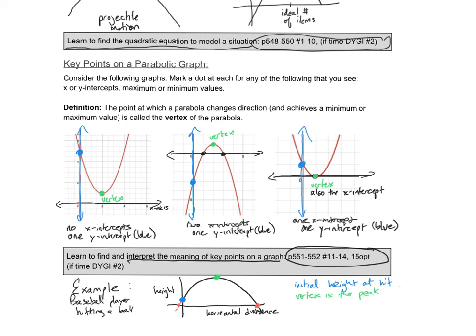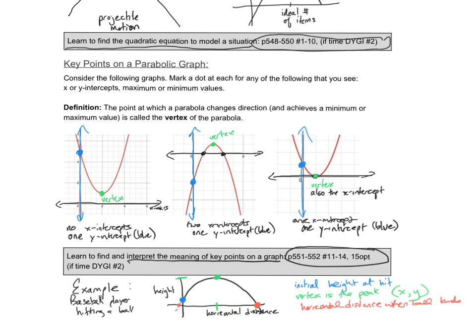And remember, the vertex is an ordered pair with an x value and a y value. The x value will represent the horizontal distance when the ball peaks, and the y value will represent the actual height when the ball peaks. And finally, this red dot over here, which is the x-intercept, is going to represent the horizontal distance when the ball lands.